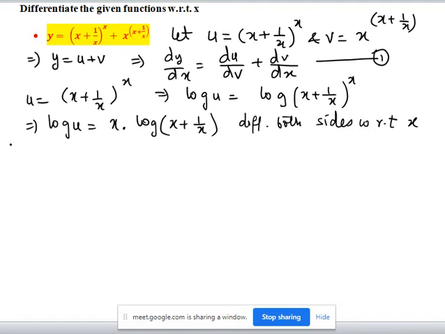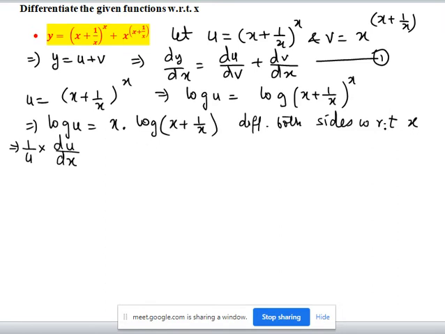First we will differentiate using the derivative of log, because log x has derivative 1 over x, log u will have derivative 1 over u. But this number is not x, isn't it? This expression is u. So its derivative will be du over dx, because differentiation is taking place with respect to x.